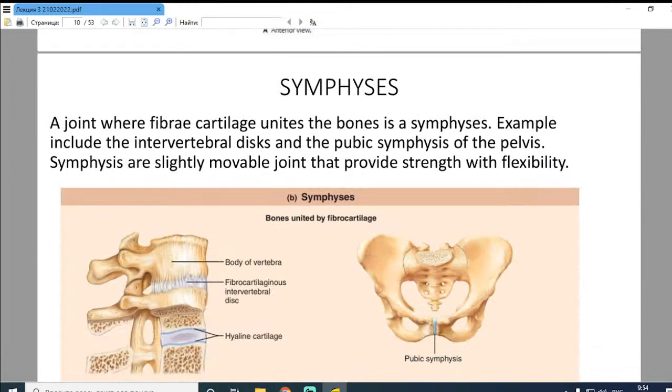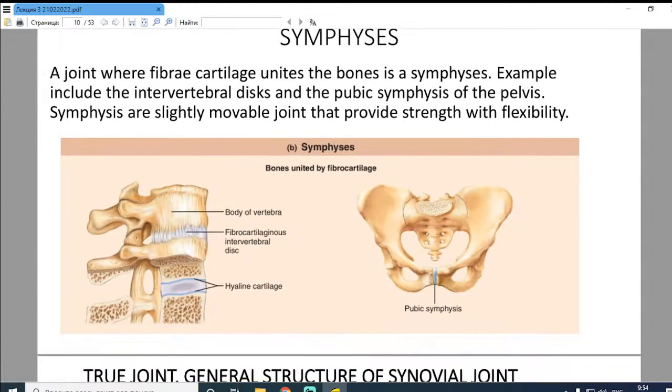Next, symphysis. A joint where fibrocartilage unites the bones is a symphysis. Examples include the intervertebral disc and the pubic symphysis of the pelvis.